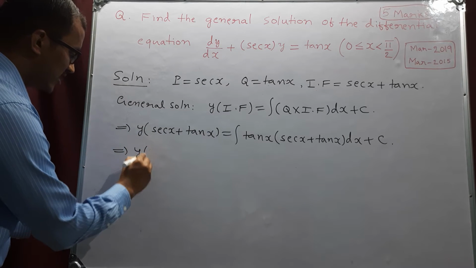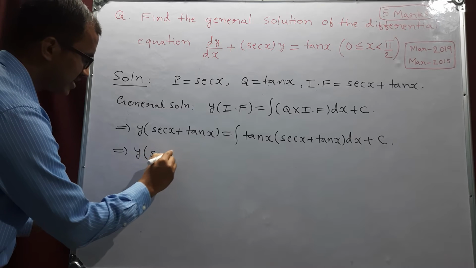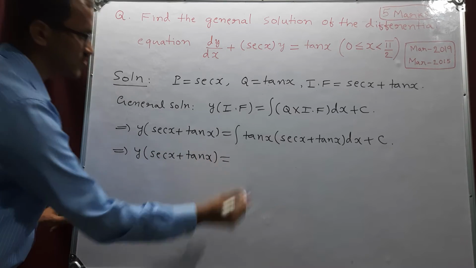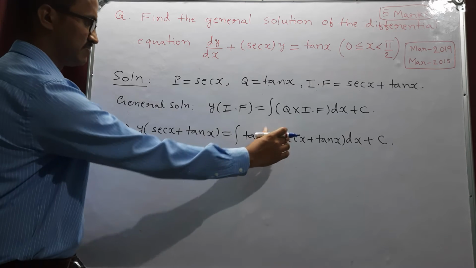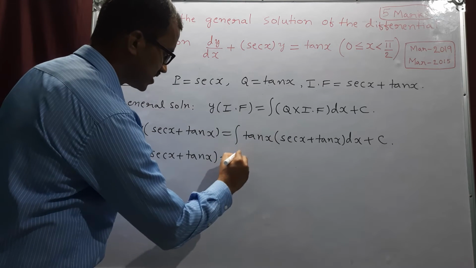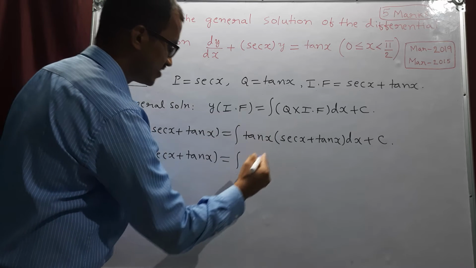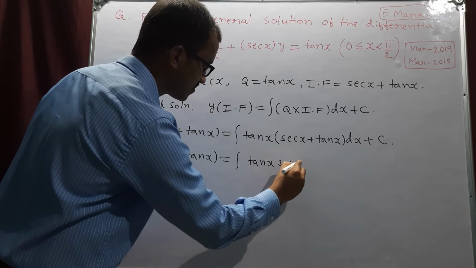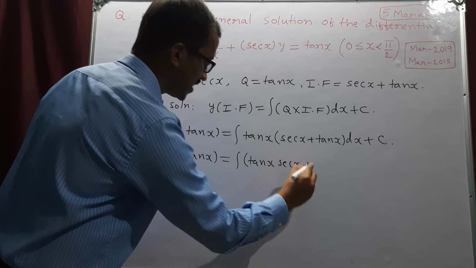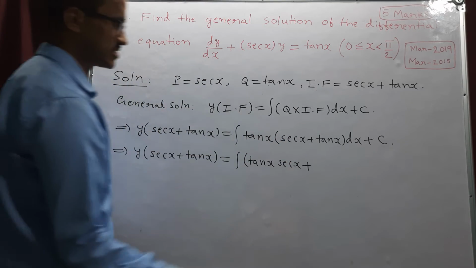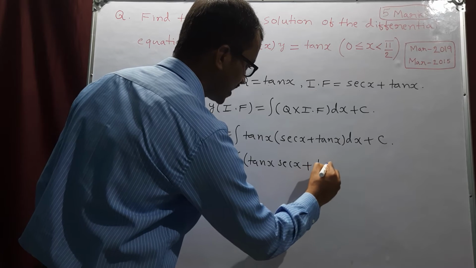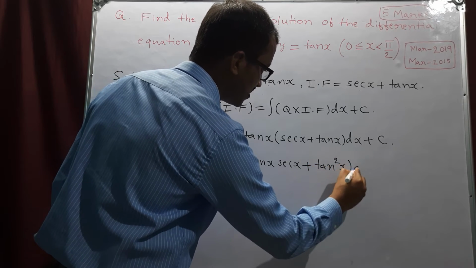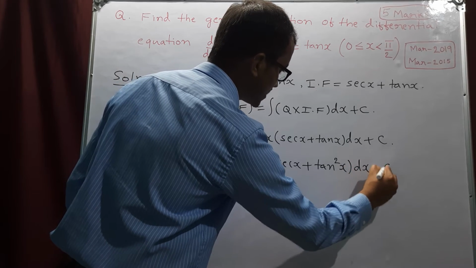So y into secant x plus tan x is equal to, first we simplify this, integration of tan x into secant x plus tan x into tan x, which we can write as tan square x, into dx plus c.